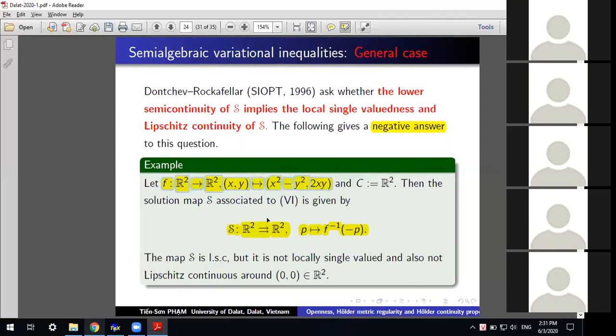So we can prove why S is lower semicontinuous. Here I prove that the function F is an open map from R^2 to R^2, and I use the next theorem. The next theorem implies S is lower semicontinuous in the neighborhood of 0. When P equals 0, this set is only one point, but when P is nonzero, this set is two points.